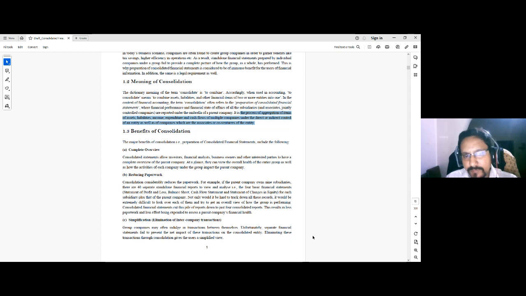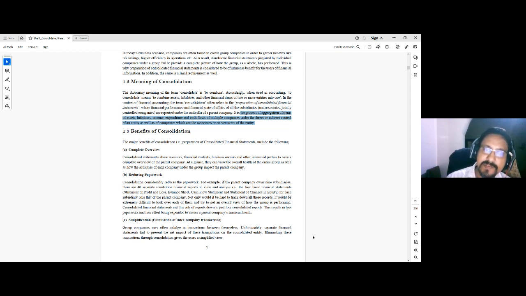However, when we merge them together and we want to provide a complete overview of the merged entity, the consolidated entity, then basically these transactions become intercompany transactions.